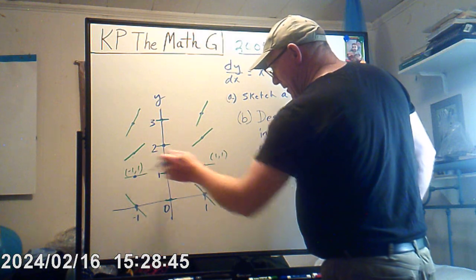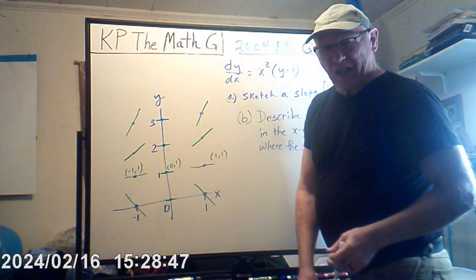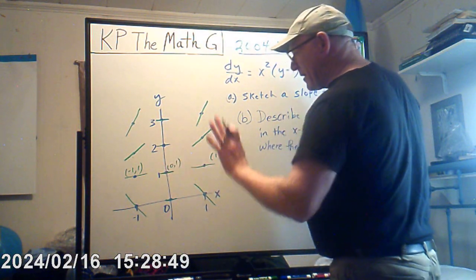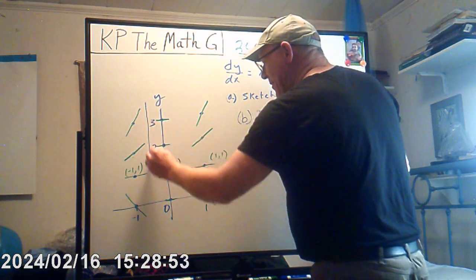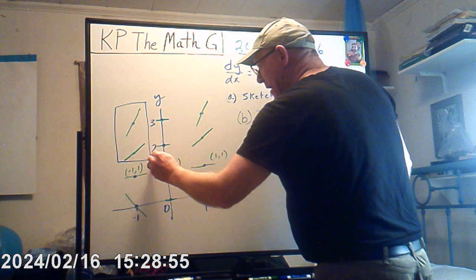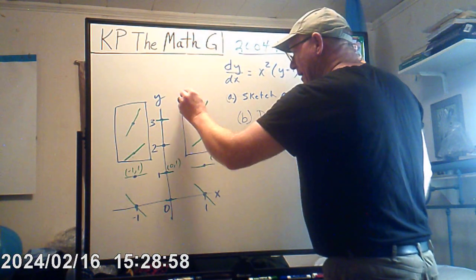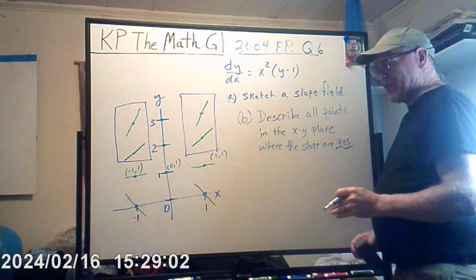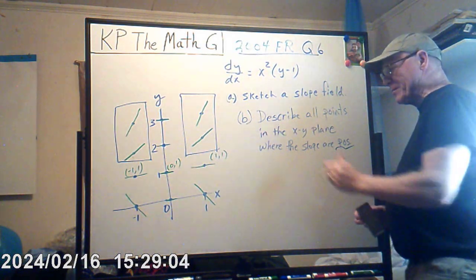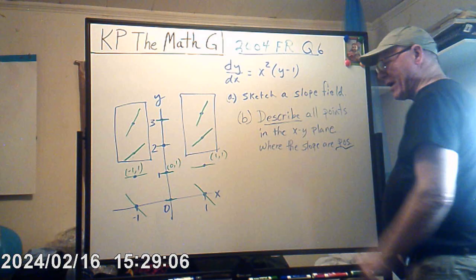And at x equals -1 and 1, that's 0. We're looking for positive slopes, though, and that would be here and here, right? It doesn't say name the points, it says describe.